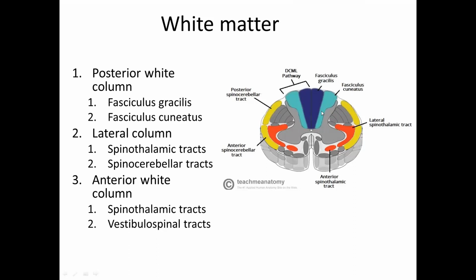Then in the lateral white column, you will have the spinothalamic tracts and the spinocerebellar tracts, right? That means from the spine going up to the thalamus, from the spine going up to the cerebellum, okay? And then the anterior white column will have again some spinothalamic fibers and vestibulospinal tracts, right?